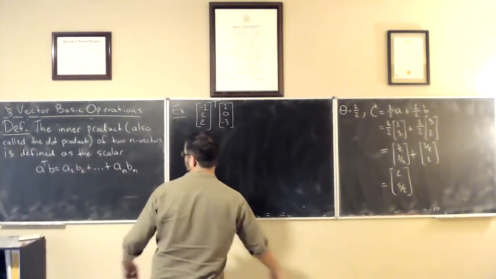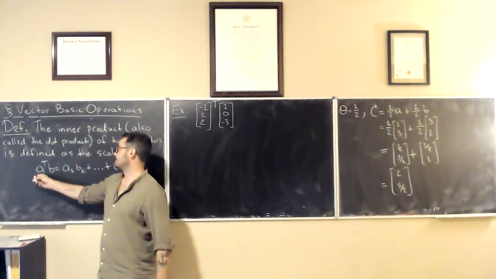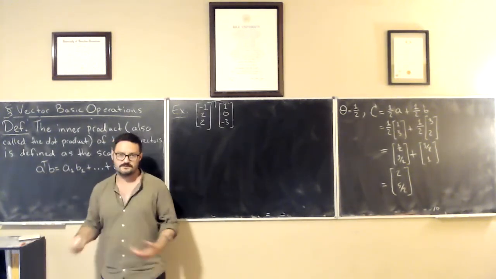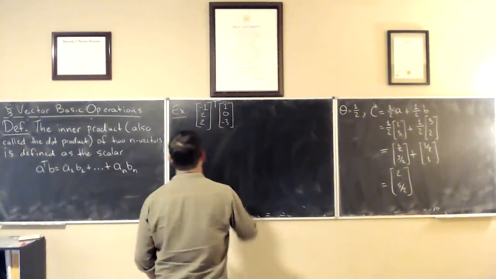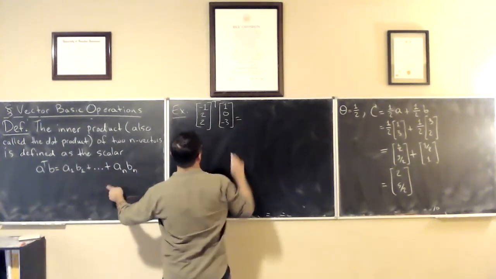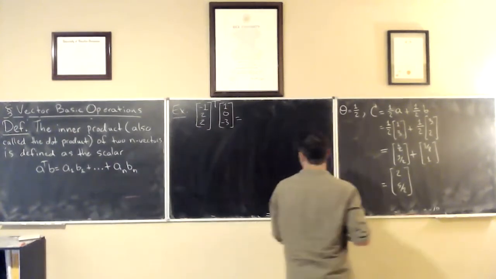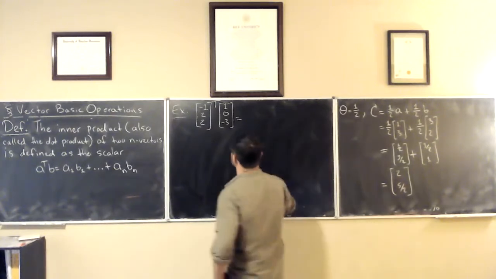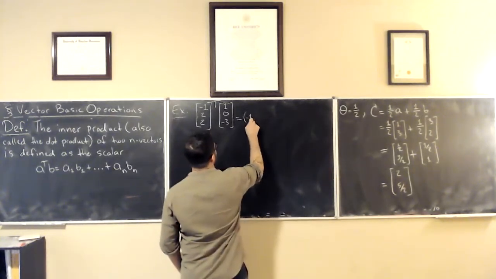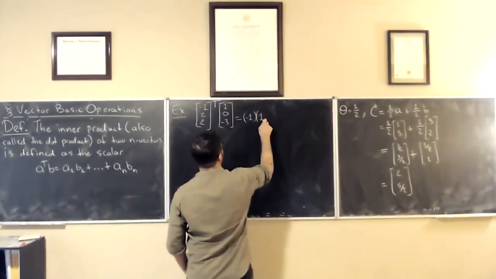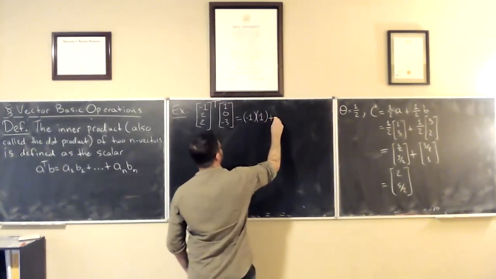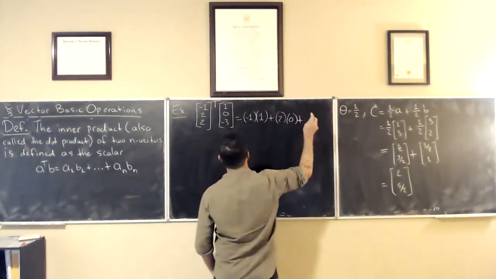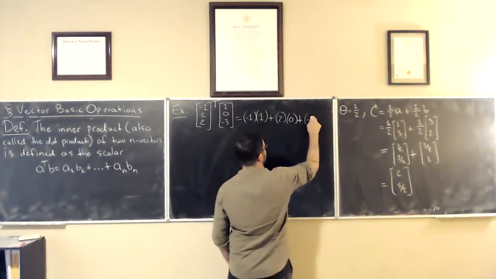For now, just know that whenever you see a vector raised to the T times another vector, that is the inner product. And how does it work? Well, again, as I mentioned a second ago, it's summing the element-wise products of the two vectors. So this would be -1 times 1 plus 2 times 0 plus 2 times -3.